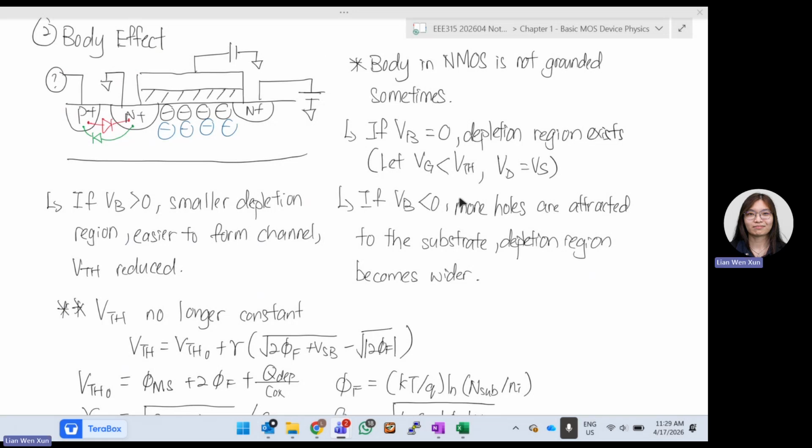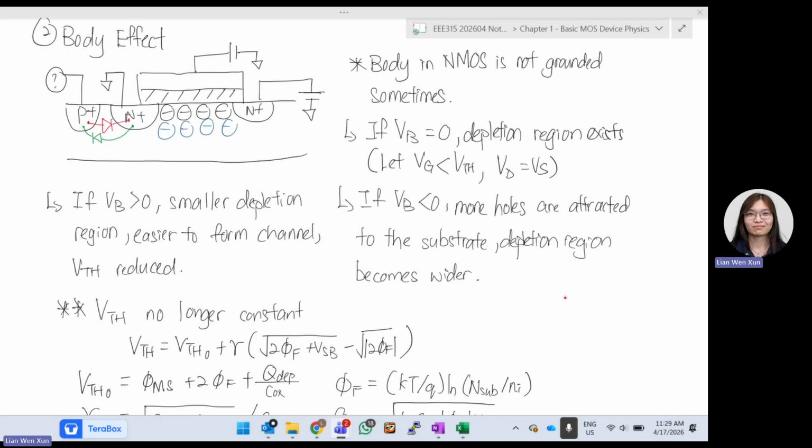So we say that if VB is equal to 0, the depletion region exists. We need to go back to the PN junction.